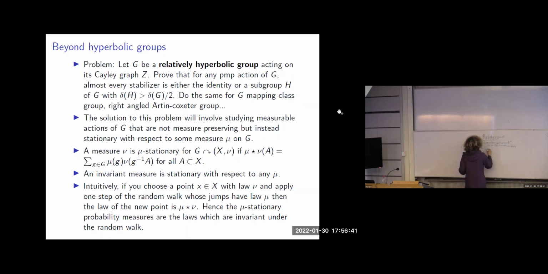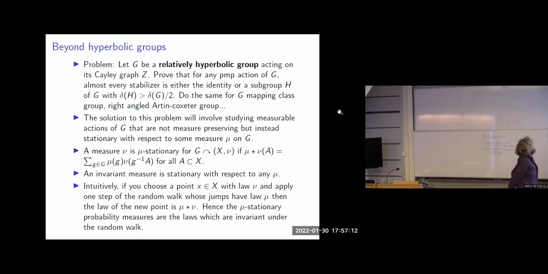And free products of arbitrary groups. So maybe you have a bunch of groups, A, B, C. You take A free product B free product C. And these are a generalization of free groups. So, free groups are hyperbolic, free products are relatively hyperbolic.